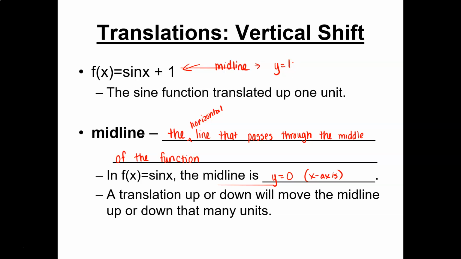And remember, y equals gives us our horizontal lines. So midline is pretty straightforward to figure out. It's just whatever that vertical shift is. Okay, any questions?